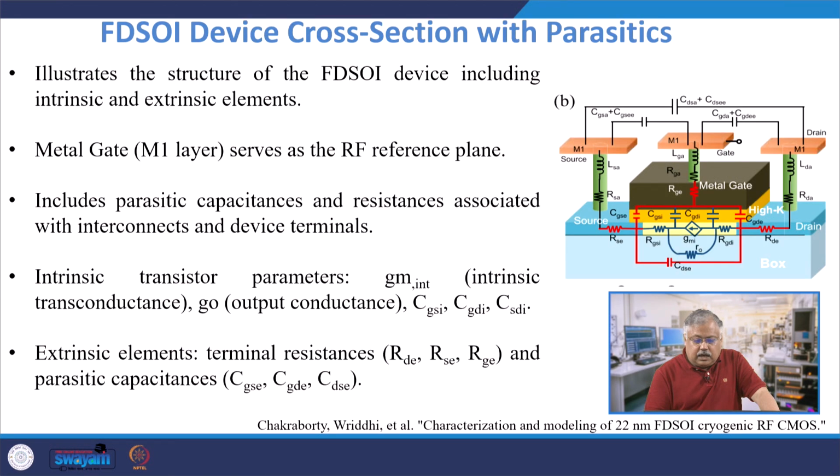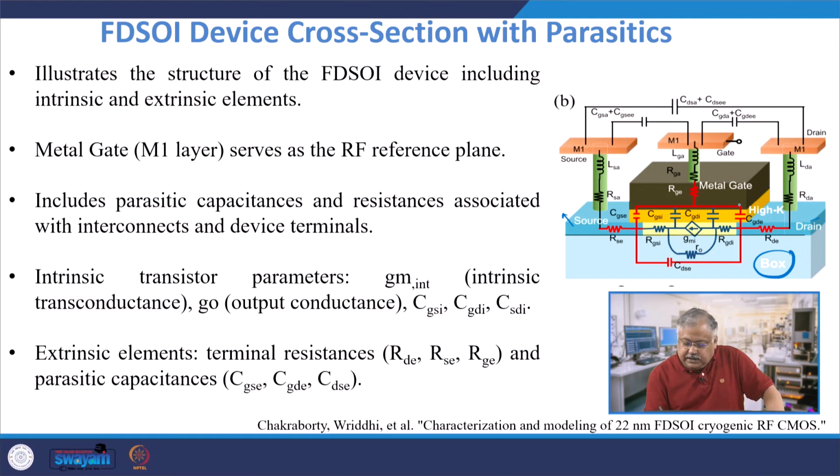Now with this understanding, let me go back to a detailed understanding of at least the FDSOI device cross section with various parasitics which you see. So FDSOI, this is the box layer which you see on the right hand side, right? And you have the source here and drain here, and this includes both intrinsic and extrinsic parameters.